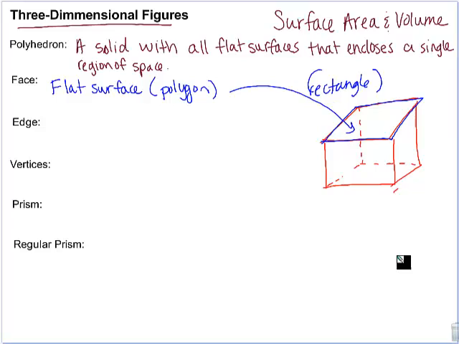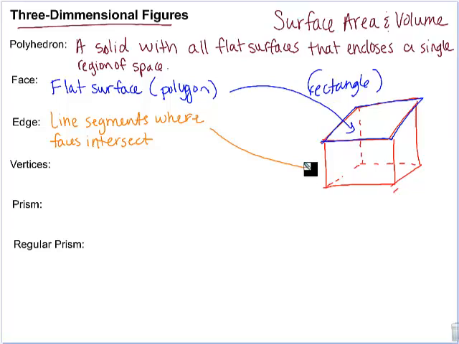Edges. Edges are the line segments where the faces intersect.